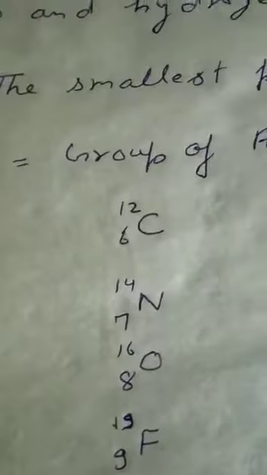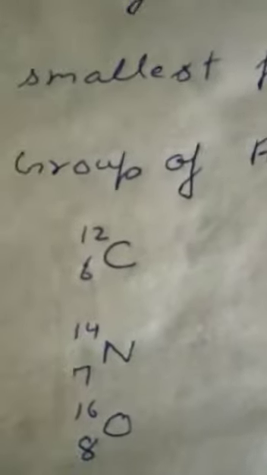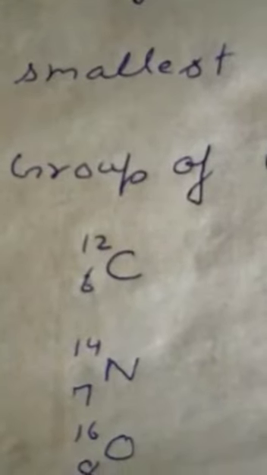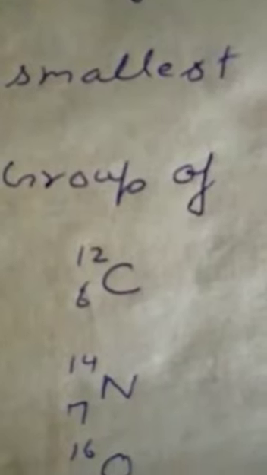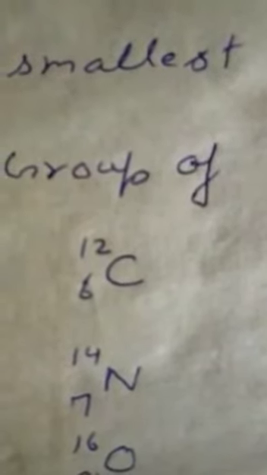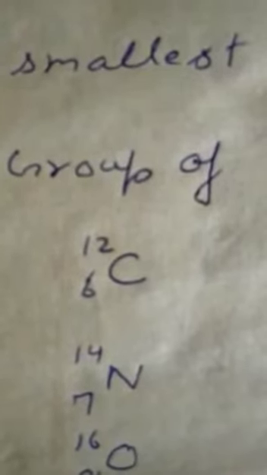So suppose we take the example of carbon, so I have written 6C12. It shows that there are 6 electrons or 6 protons in a single carbon atom, and the number of neutrons is also equal to 6, that is 12 minus 6 is equal to 6.